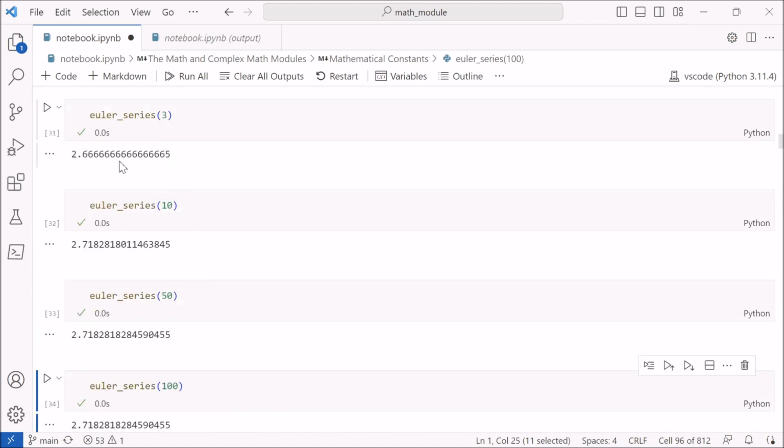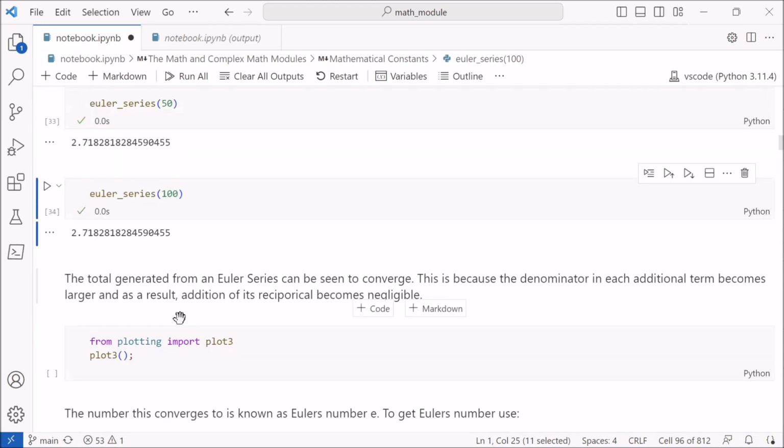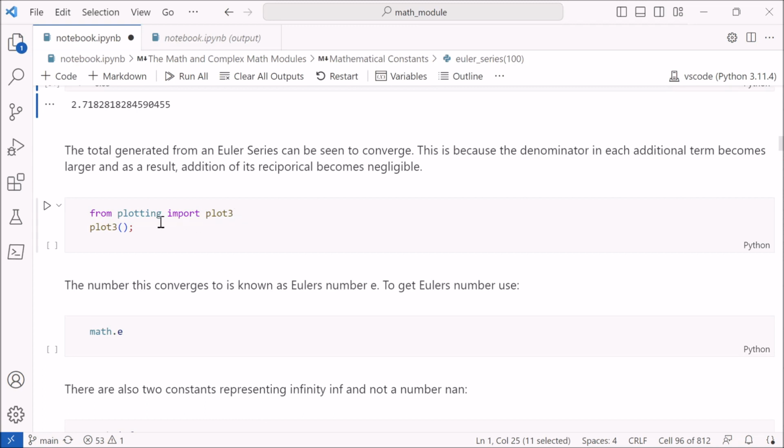So basically this number is beginning to converge as the value provided in the Euler series increases.